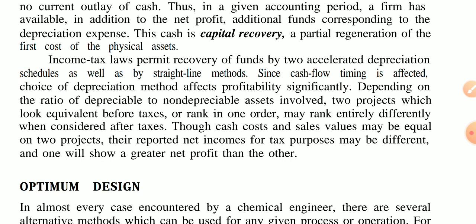Some values may be equal under the project, and their reported net income for tax purposes may be different, and one will show a greater net profit than the other.